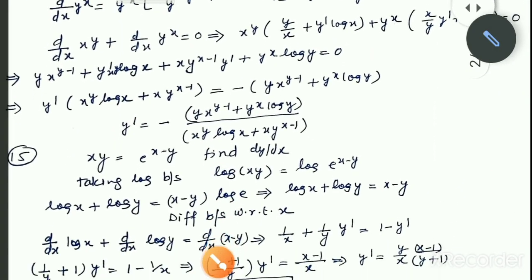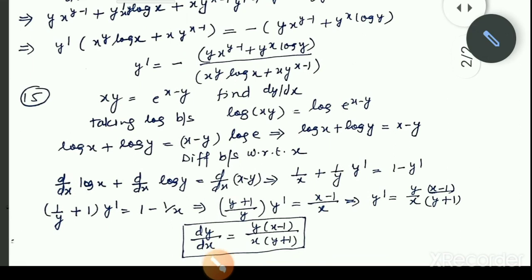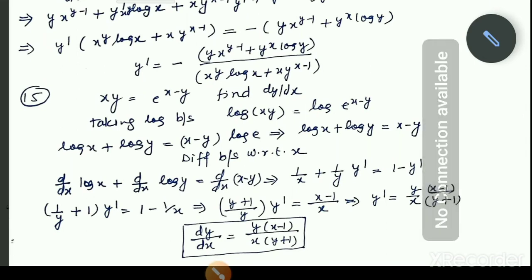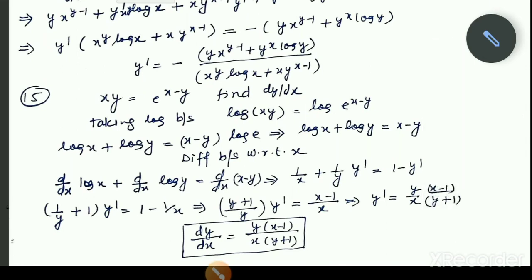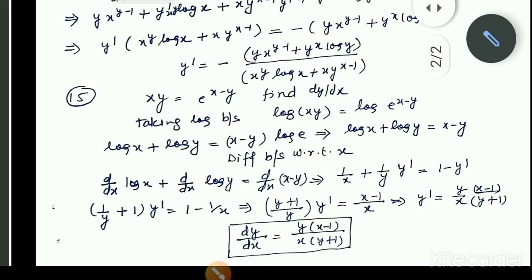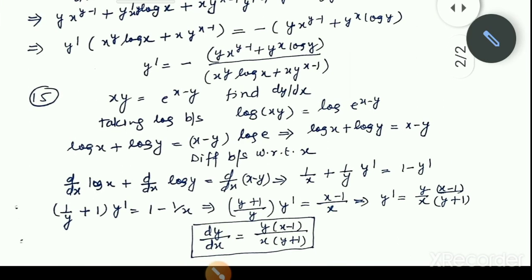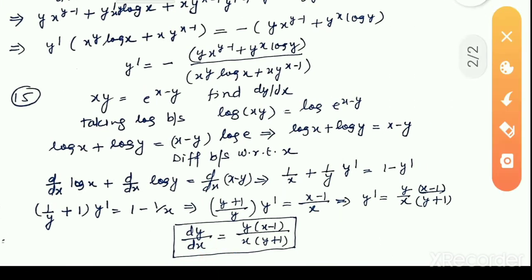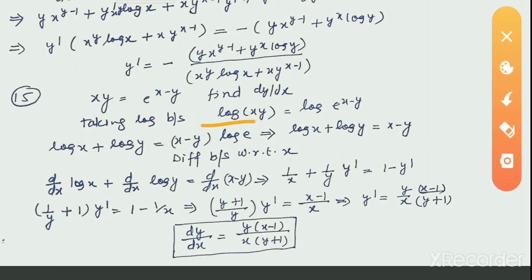Okay, so now question number 15 is the last question. Here xy is equal to e raised to the power (x minus y), and we need to find here dy by dx. In this case, taking log on both sides, so after taking log, it will become log(xy) is equal to log e raised to the power (x minus y).